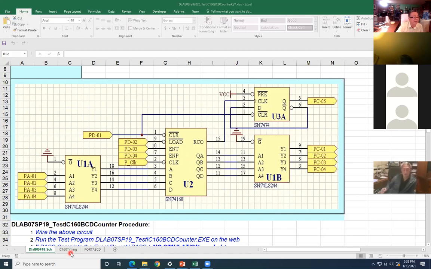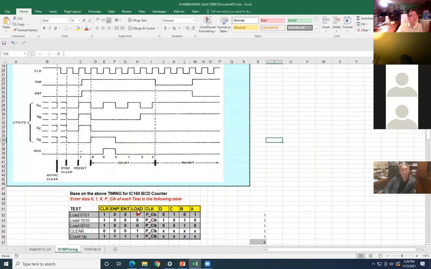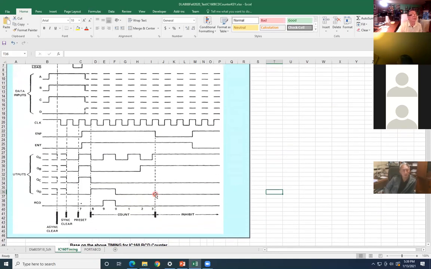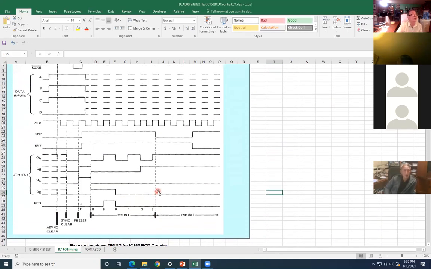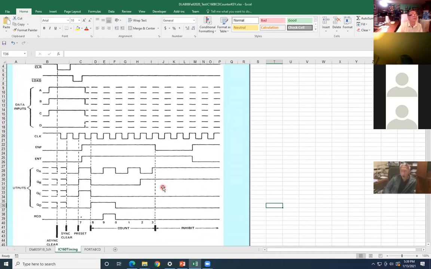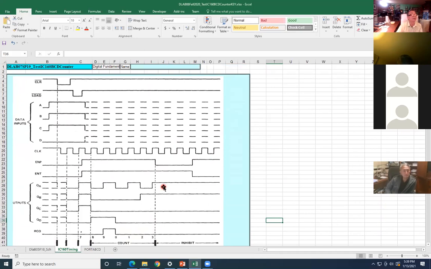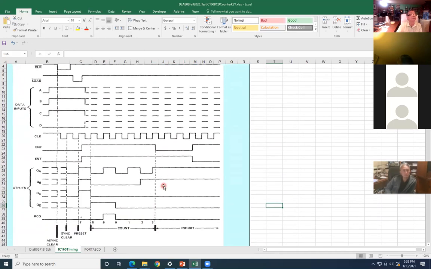Now, in order to understand how it works, you really need to know how to deal with timing. On the timing diagram here, you can see the clear right here.